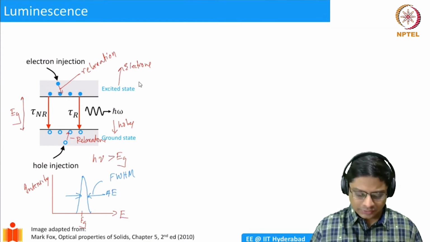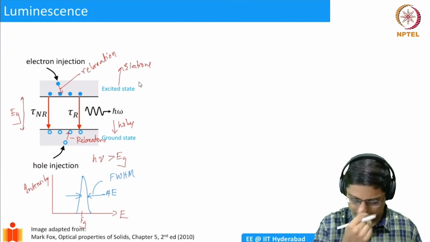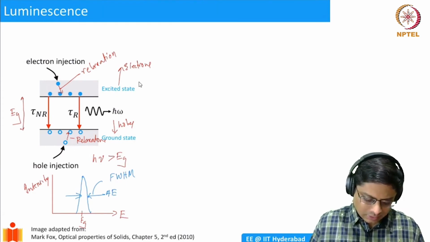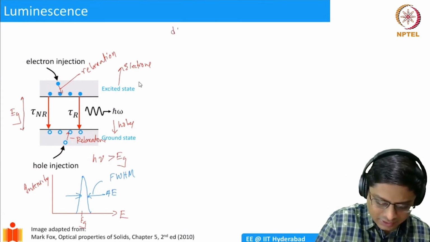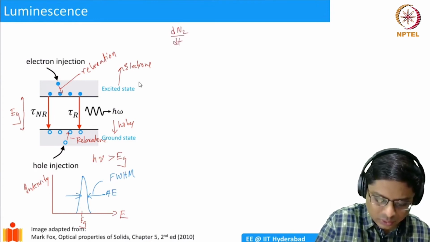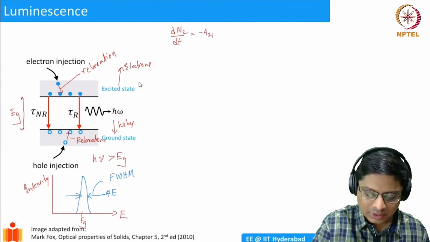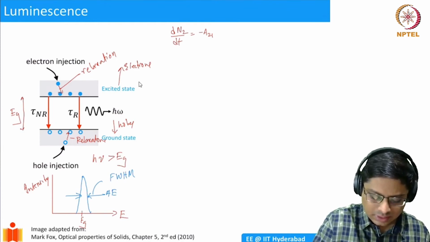All right. So let's introduce some numbers. We said that already. The population in the higher state, dN2/dt, is going to depend on the Einstein coefficient A21, spontaneous emission, and N2.